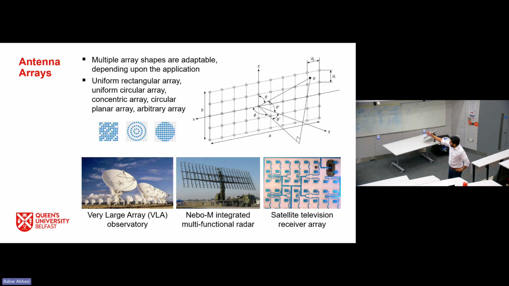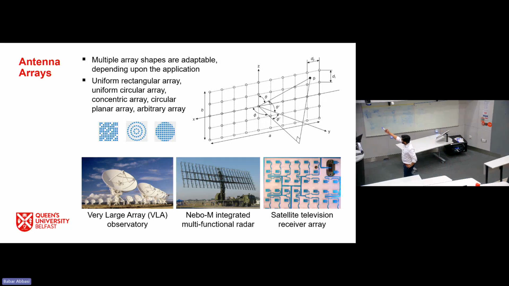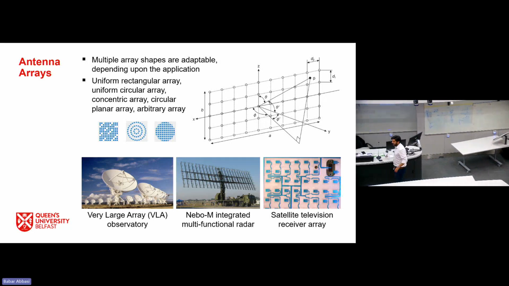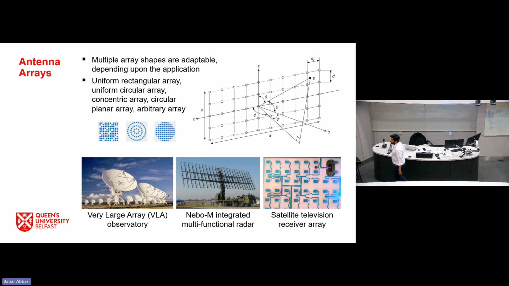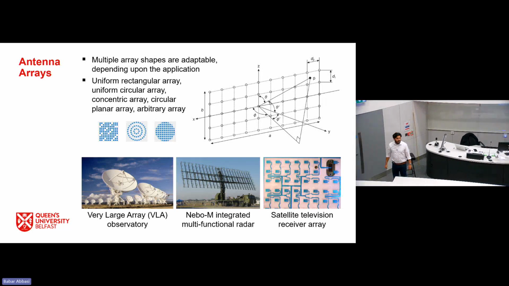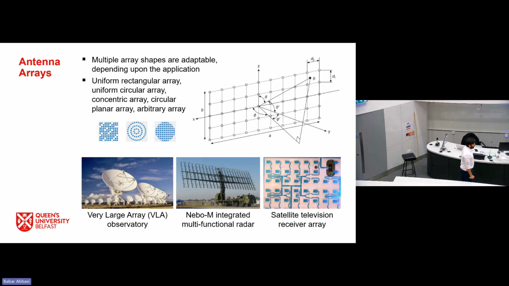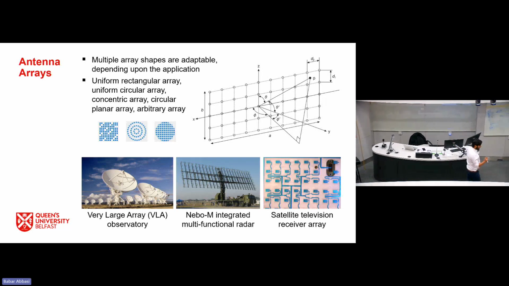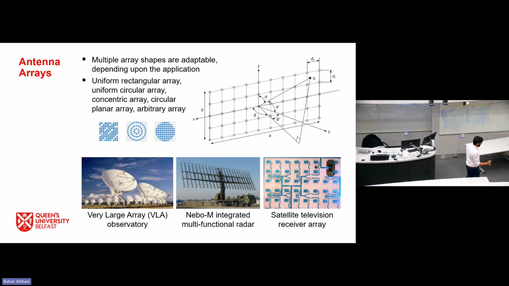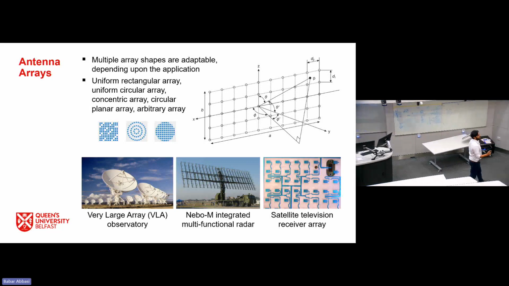So we can go from extremely large antenna arrays. For example, here we have the VLA. It's used for space astronomy. This is very specific to space astronomy. They are specific not for communication, but similar arrays are available for communication as well.